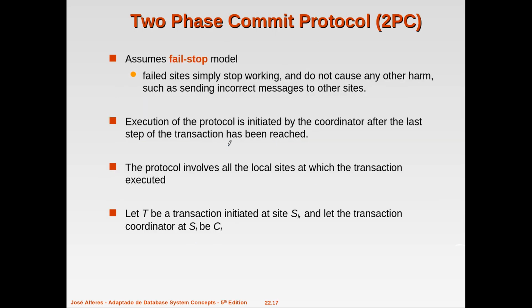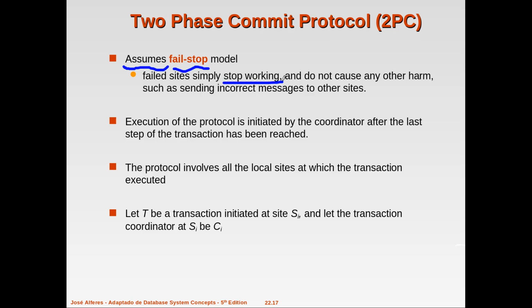Now we will look in detail at the two-phase commit protocol for the maintenance of atomicity in distributed transactions. In this commit protocol, we take the assumption of a fail-stop model architecture. Fail-stop model means the failed site simply stops working.